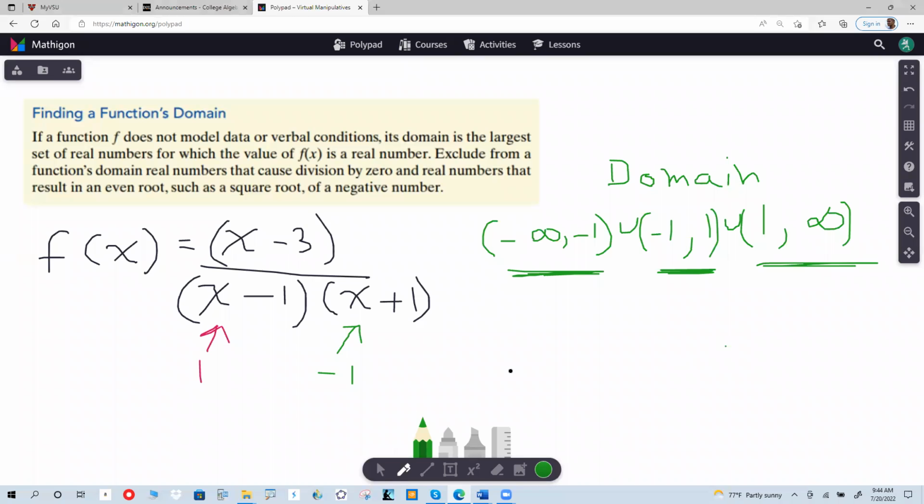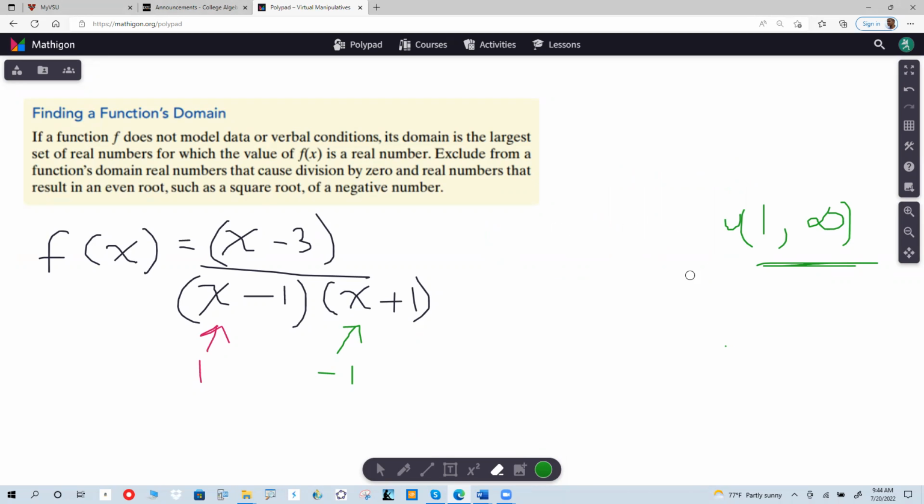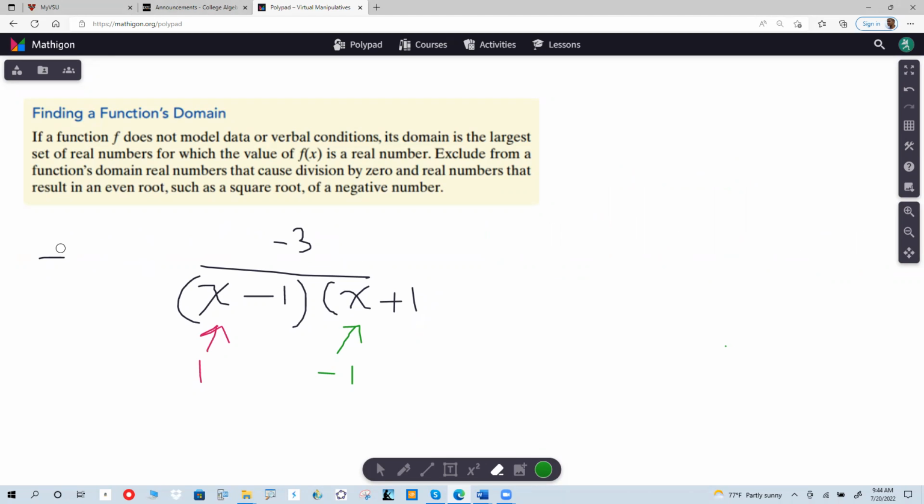Okay, so when it comes to domain, one thing you have to watch out for is if the denominator is 0. There's one more one. I'm going to erase this. What about radical sign? You're going to see functions with radical sign.